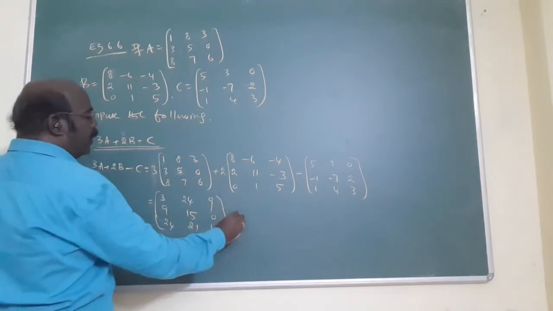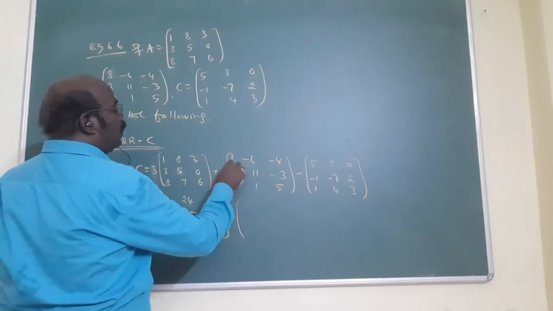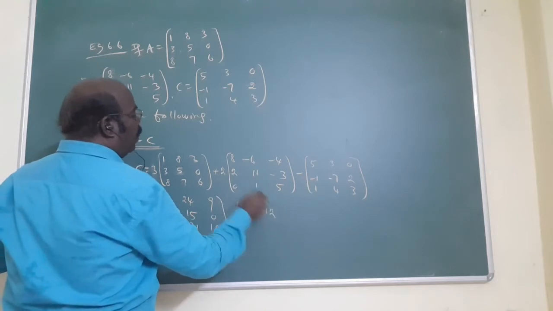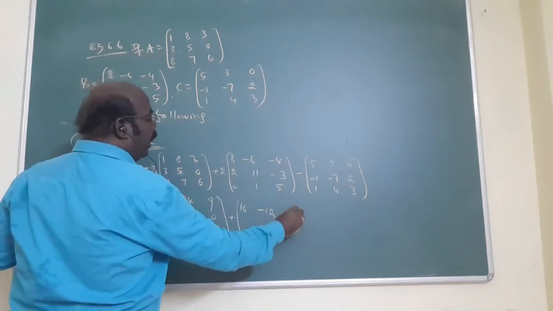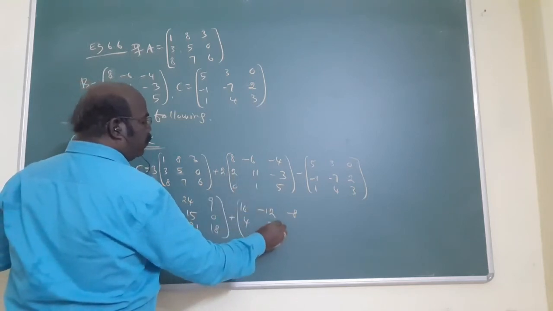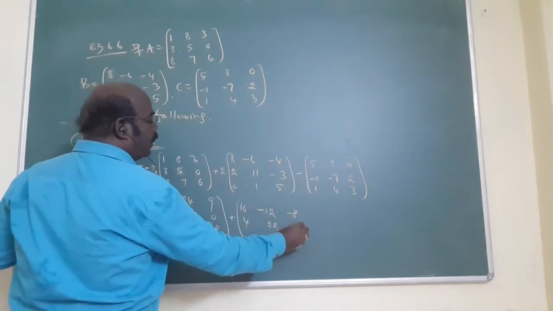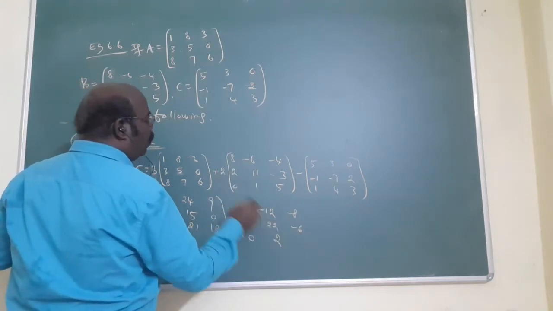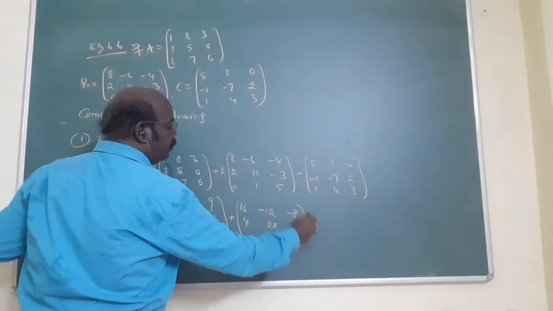Now, the second matrix is multiplied by 2: 2 8s are 16, 2 into minus 6 is minus 12, 2 into minus 4 is minus 8, 2 2s are 4, 2 into 11 is 22, 2 into minus 3 is minus 6, 2 into 0, 0, 2 into 1, 2, 2 into 5, 10.